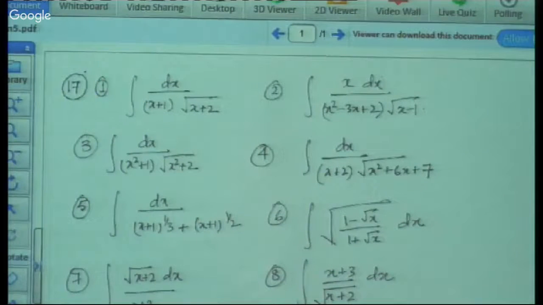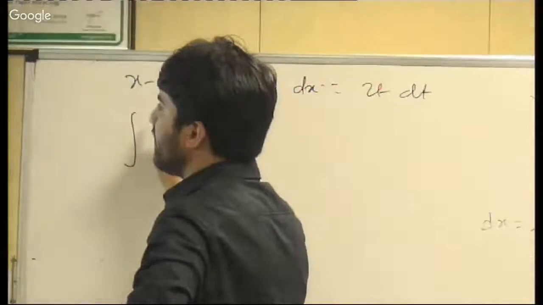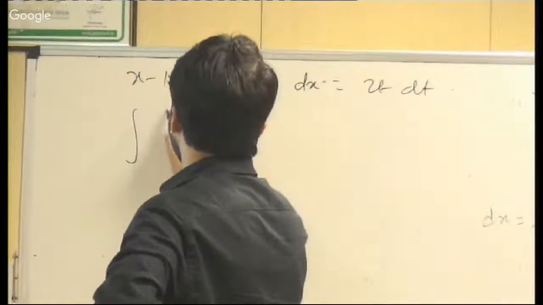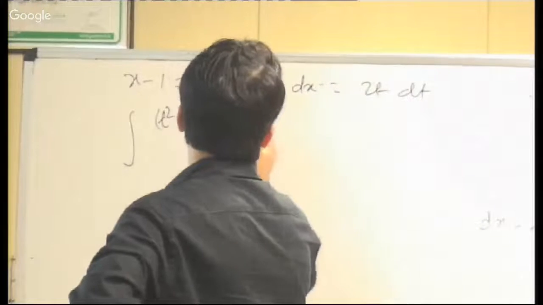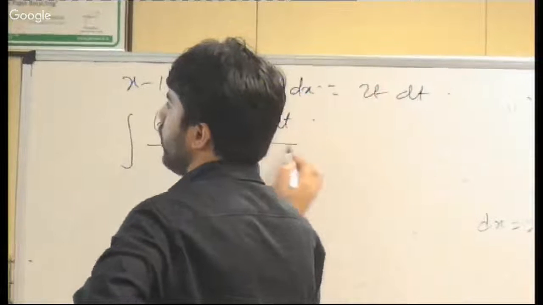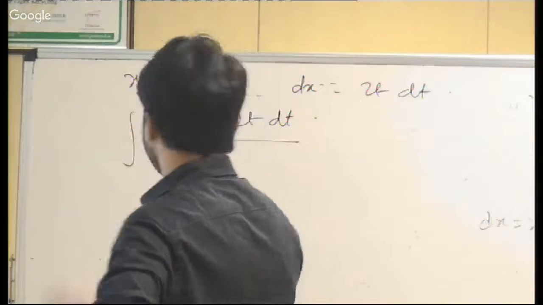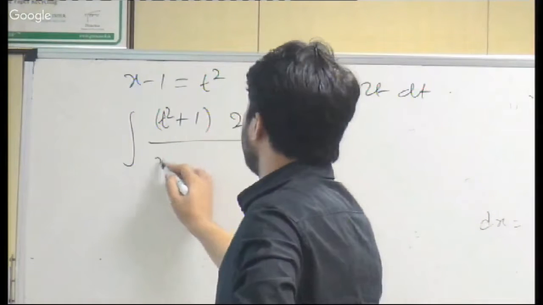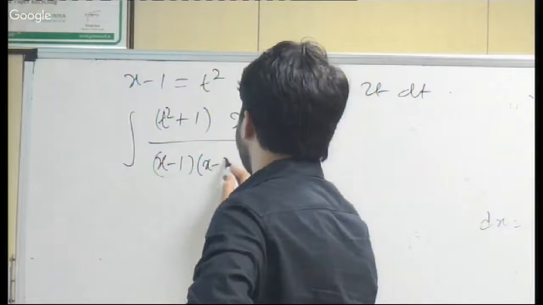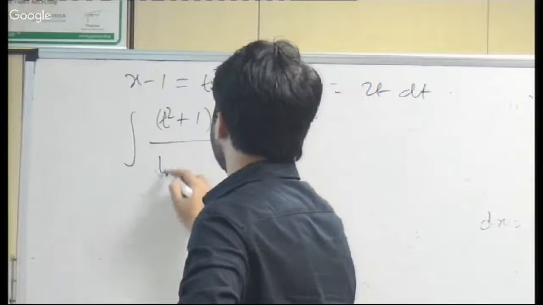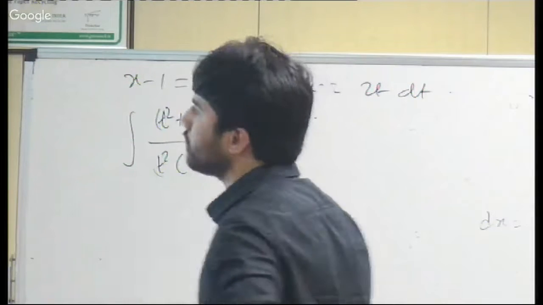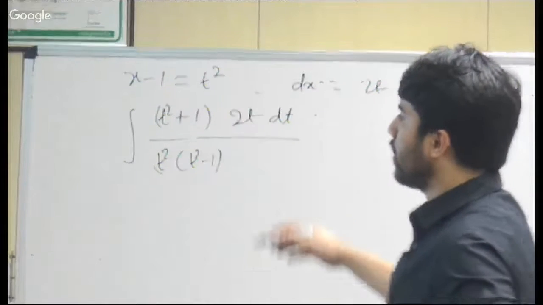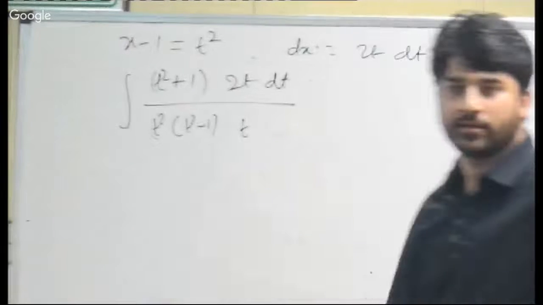Let's say I say x minus 1 as t square. So dx becomes 2t dt, right? So I can say that x is nothing but t square plus 1 into 2t dt upon (x minus 1) into (x minus 2), which I can write as t square into (t square minus 1) upon t, right?